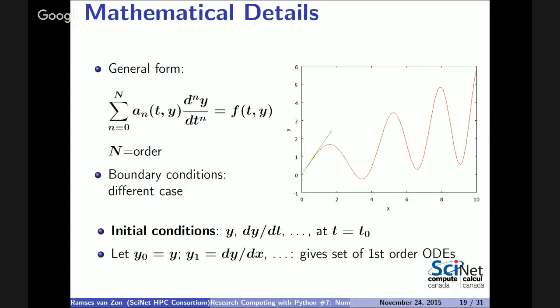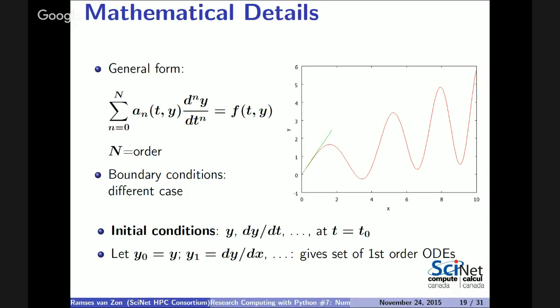Now, the one we want to look at is only n equals 1, where we just have a single derivative. And the way we can do that is that we can always treat the derivative of nth order as the first derivative of the n-1th order, and call that n-1th order the new variable.